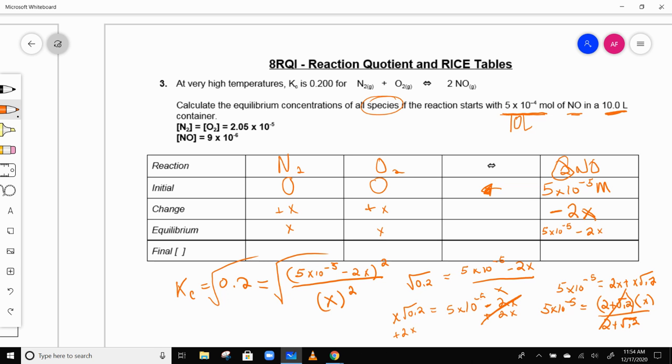So it's 5 times 10 to the negative fifth divided by 2 plus square root of 0.2. You put this in your calculator, you're going to find that it equals about 2.05 times 10 to the negative fifth. And then when you do that times 2 and subtract it from 5 times 10 to the negative fifth, you get 9 times 10 to the negative sixth. Those are your equilibrium concentrations for that.